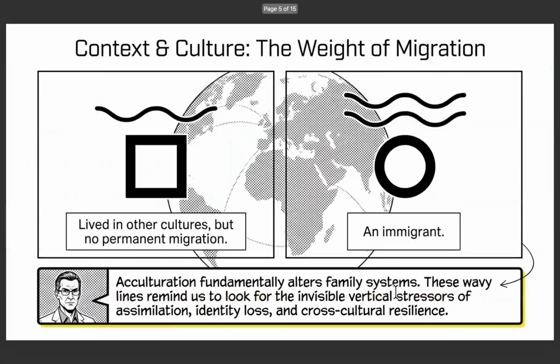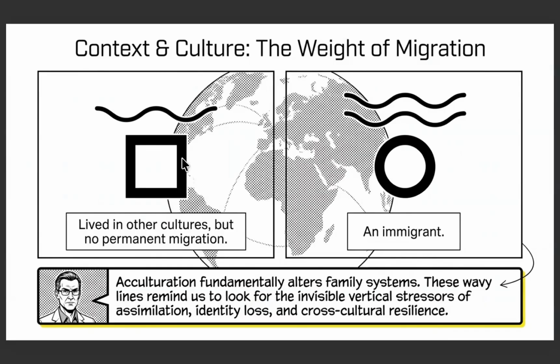Now, culture and context, the weight of migration. In our contemporary world, migration is happening more and more all the time. So this wavy line here is part of what lets you note immigration or acculturation issues.